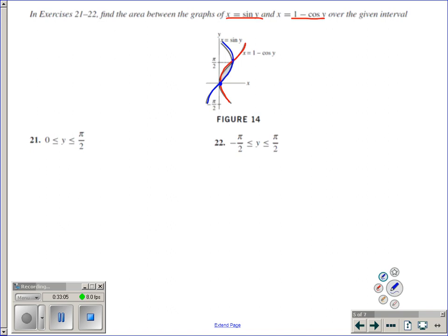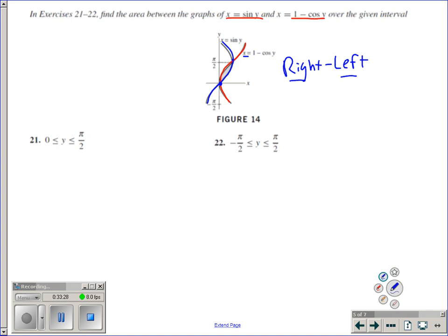Now in this case, I actually am curious. This red does look to always be on top, maybe? But again, you have x equals equations, so your best option is to do a right minus left, okay? So let's figure it out.